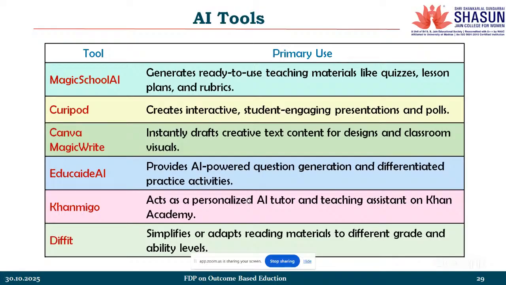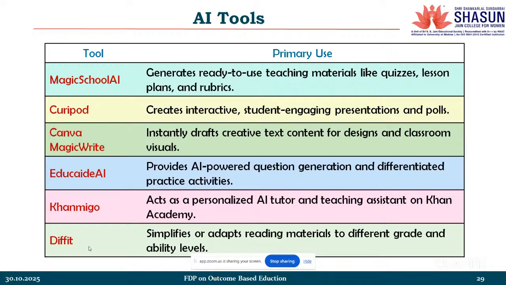And the last one is Diffit. I use this tool because if I give a particular topic, it will automatically create the content, and if I want multiple choice questions, think-pair-share, whatever I need, everything will be given by Diffit also. We'll just see these tools in an overall view. I cannot go in depth for each and every tool.